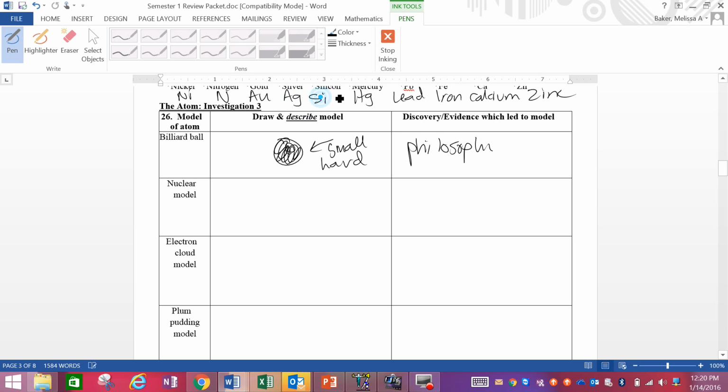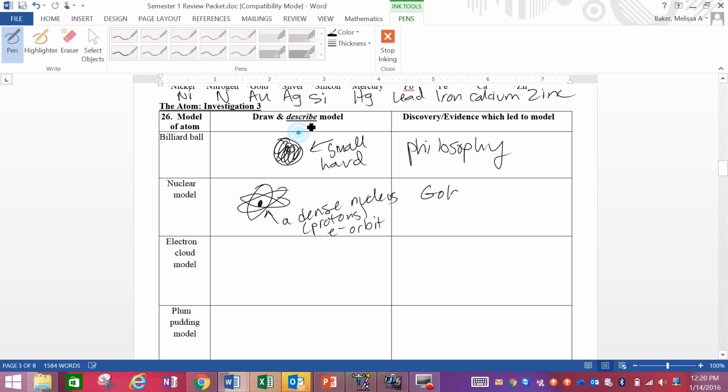Okay, they knew a little bit about chemistry, like energy can't be created or destroyed, but they didn't know a lot, so they just kind of thought about it. The nuclear model has a hard, small, dense nucleus in the center, and they knew that there were protons in there, and electrons orbit.